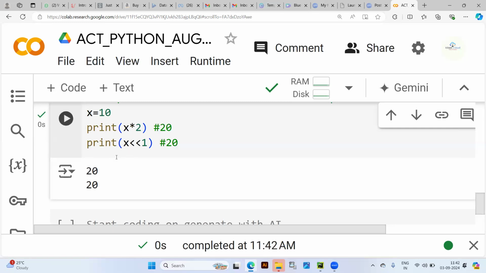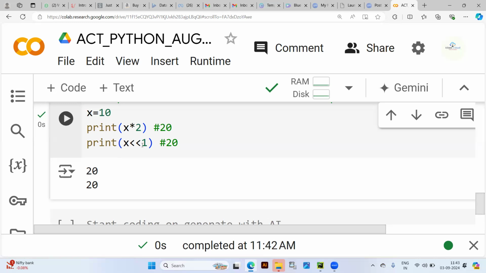So according to scientific observation, applying the multiplication operator is a little tough or tedious job for the arithmetic logic unit, rather than shifting the value at a binary level by moving left or right, which will be a very easier job for the computer. Wherever you require the multiplication operator at binary weightage level, x into 2 is 20.